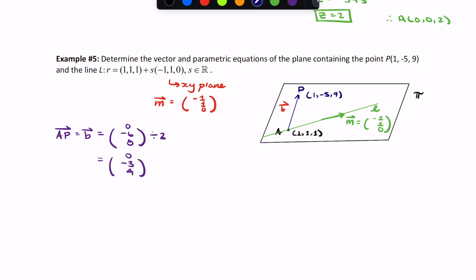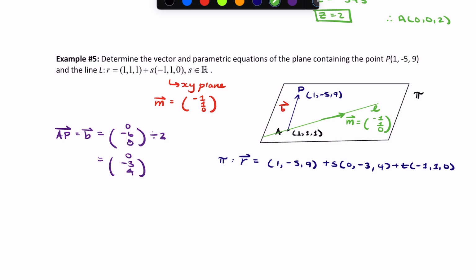So here, pi, which is our plane, position vector r will be equal to 1, negative 5, and 9 plus s times 0, negative 3, and 4 plus t times negative 1, 1, and 0. So that's our vector equation.